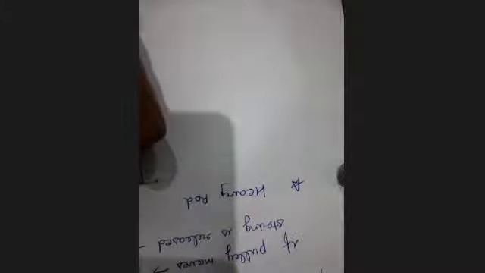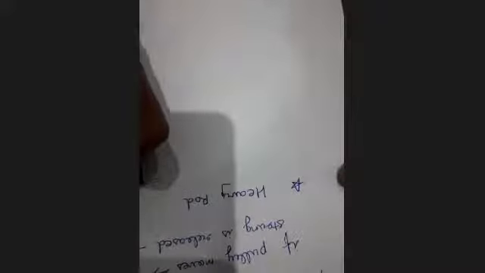Moving ahead on heavy rod problems, the diagram will be, this is a rod, a heavy rod, and here is the block. This is M, this is the length, and here is the point C, here is the point A, and here is the point B. To find tension in A, TA is equal to mg.